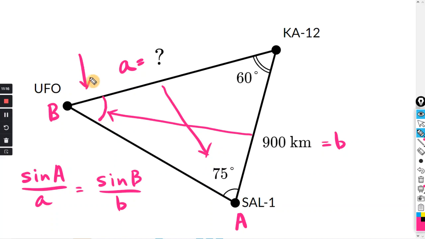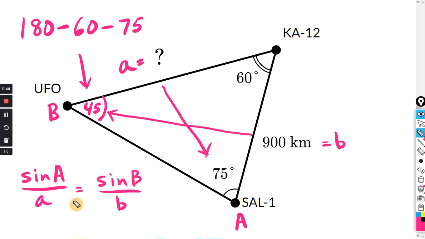So this angle here is simply 180 minus 60 minus 75. All right, so that's going to be 120 minus 75. That's going to be 45. Okay, if you want to double check, add these two. That's 120 plus 60. That's 180. So we're in business.